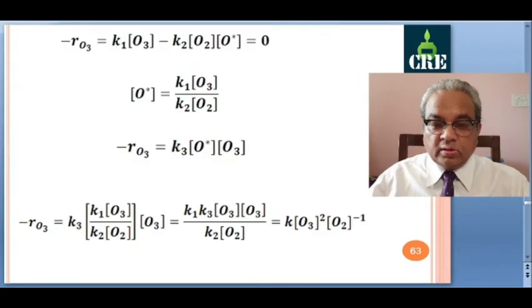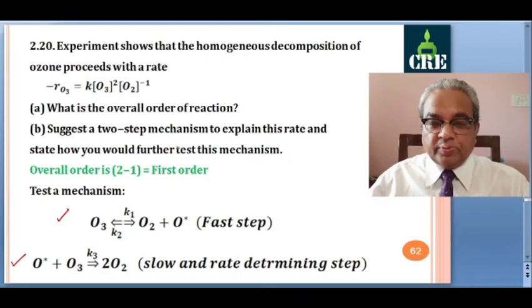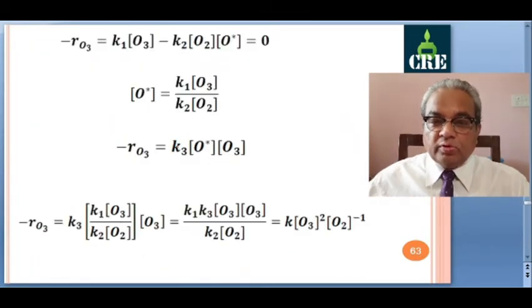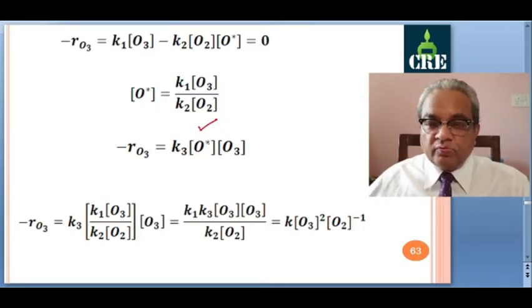Okay, this is the rate of disappearance. We want rate of disappearance of O3. So here we'll eliminate this concentration of O star, which is the concentration of an intermediate, which is not measurable. So as soon as it forms, it disappears.